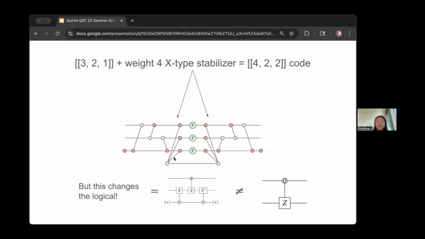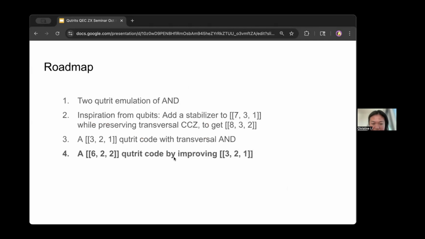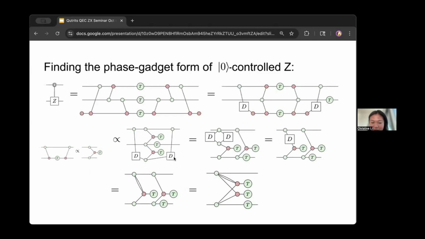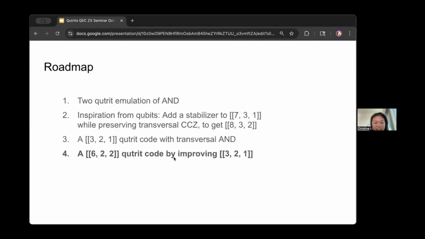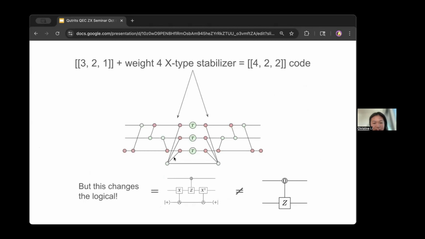I think here we also use additional rewrites. Let's see.